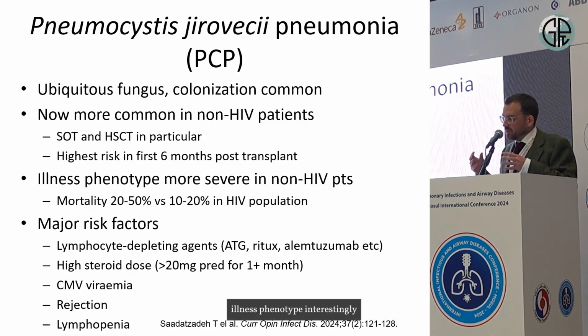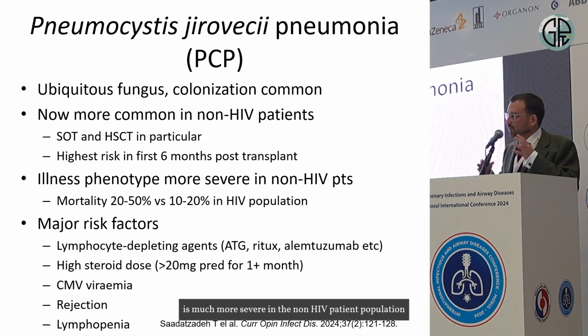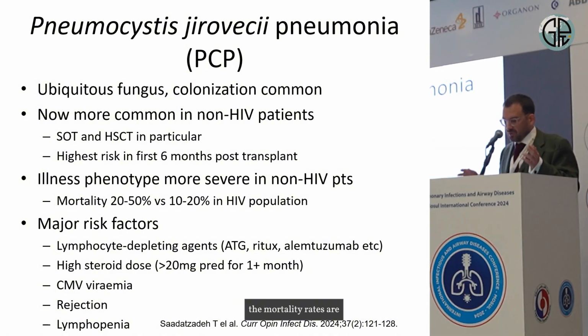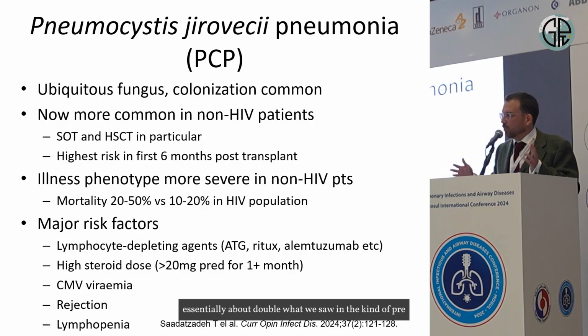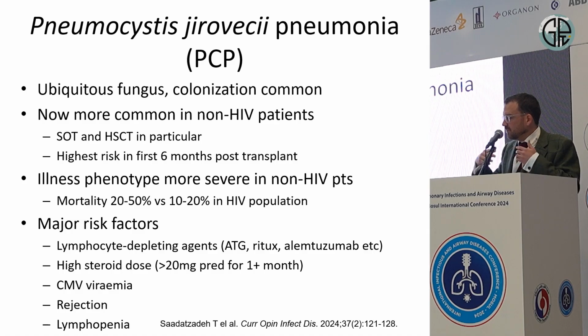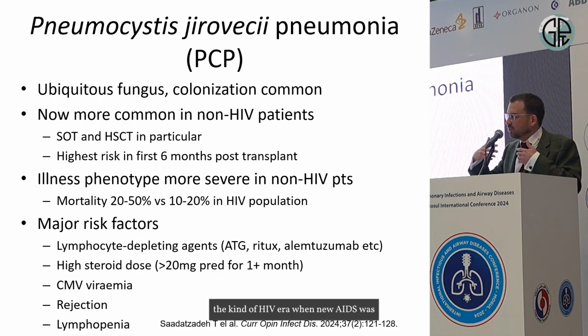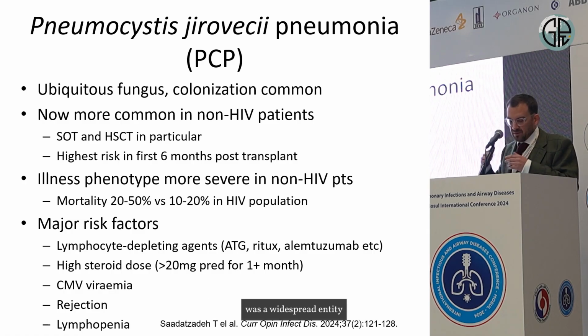Illness phenotype, interestingly, is much more severe in the non-HIV patient population. The mortality rates are essentially about double what we saw in the HIV era when pneumocystis was a widespread entity.